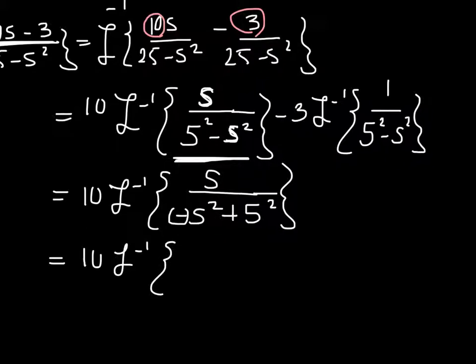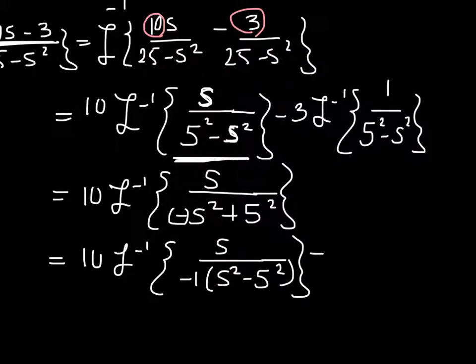So s over s squared minus 5 squared, minus 3 times, and while I'm working on that one, do we see this one? 1 over maybe k squared minus s squared, and that's going to be very similar.